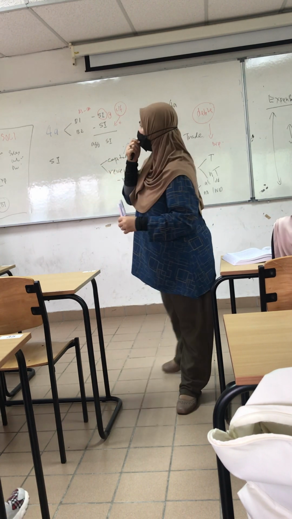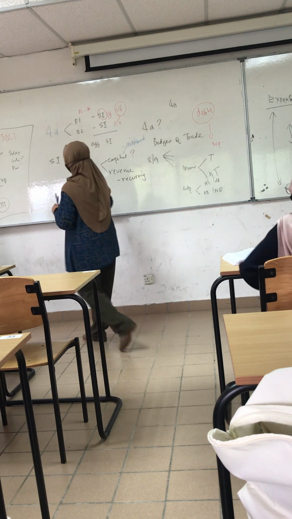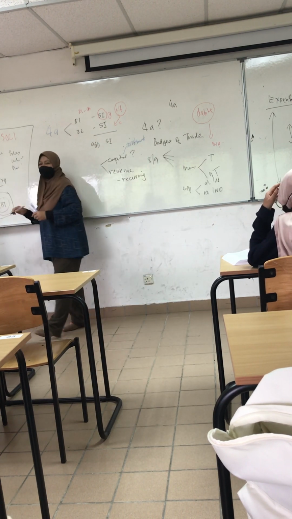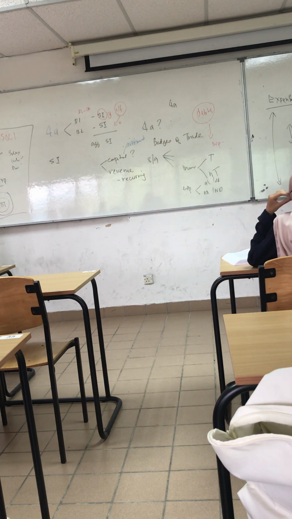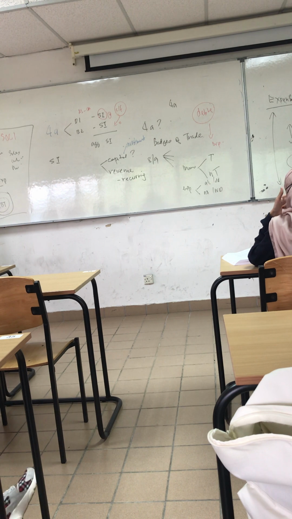Alright? And remember that we do not want to compute the tax on PBT. We want to compute tax based on adjusted income. Right? Adjusted income. So what is adjusted income? Gross income minus allowable expenditure.